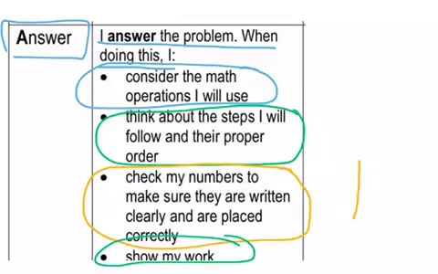It's important to show your work and think through what you're going to do before you do it, so that if you've done it incorrectly, you will not go back and make the same mistake over and over. You can see what you did and make a new plan if you missed the problem.